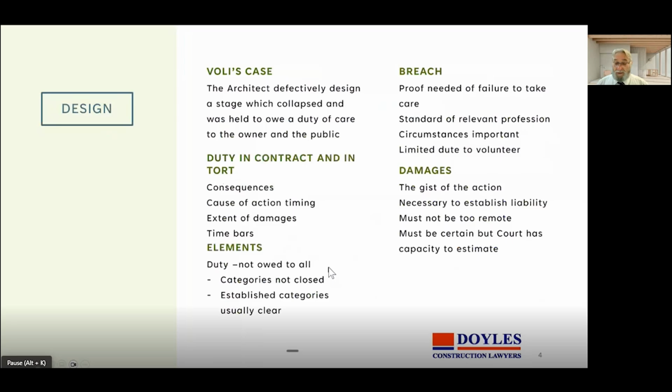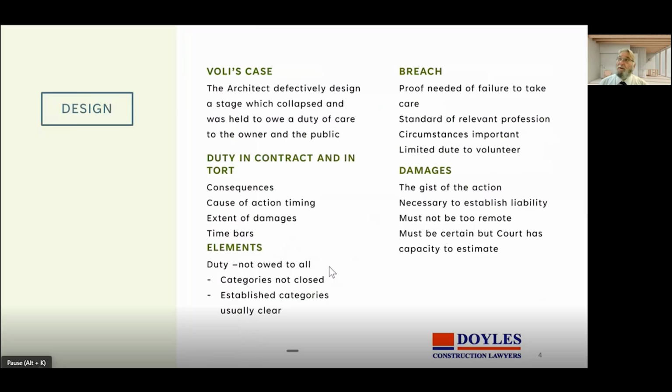So the first case I'd like to start off with is an example of the common law as it was back in Gough Whitlam's day. And this is a case in 1963, Voli's case. An architect effectively designed a stage which collapsed, and somebody was injured and they sued him, and it was held that he owed a duty of care to the owner and the public to design that stage properly. That was a pretty significant case back then, and it demonstrates how this responsibility for your neighbours has grown over the years.